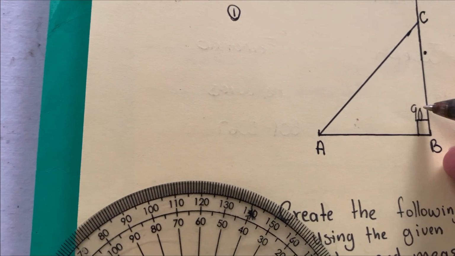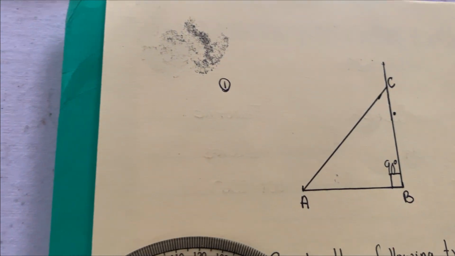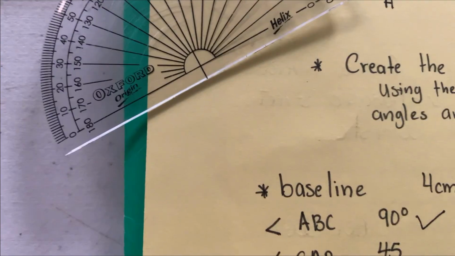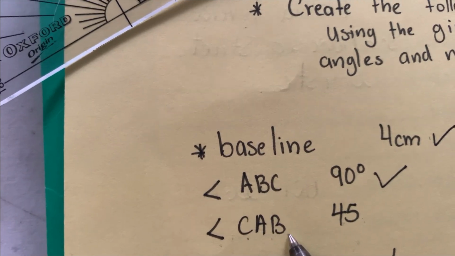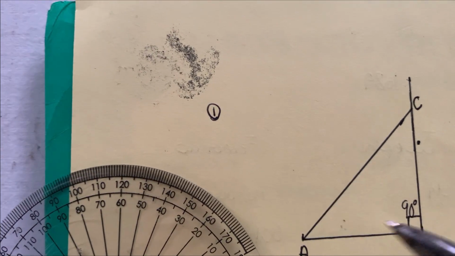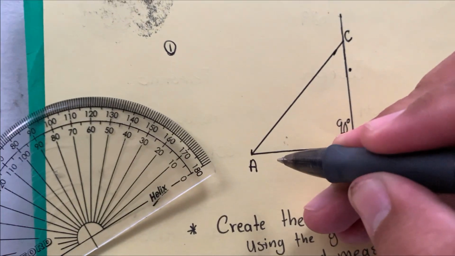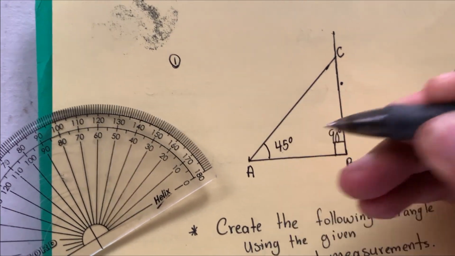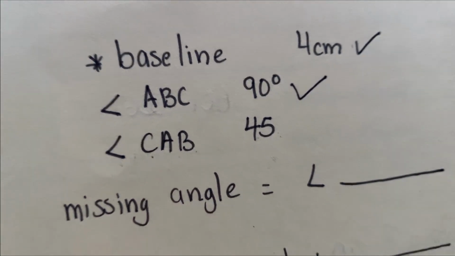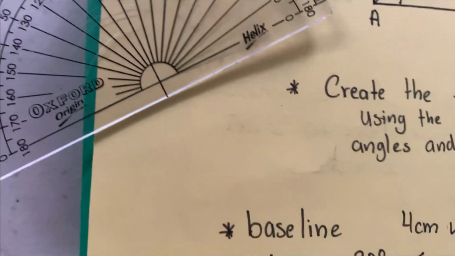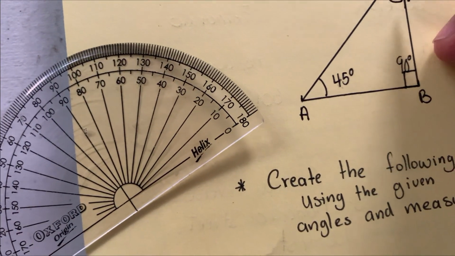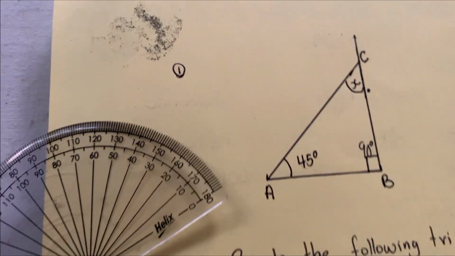Then angle CAB, which is this one, is the angle that you just created, and it had a total of 45 degrees. Right here, see it here? 45.